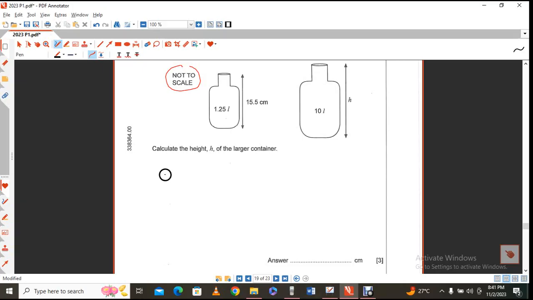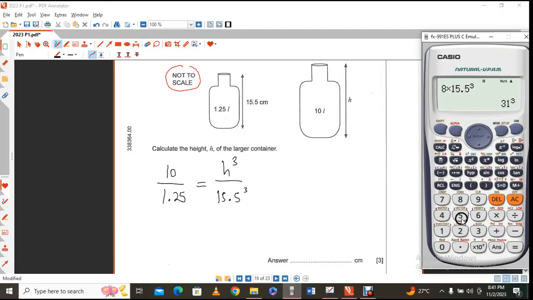If I was to compare the big one, which is 10, and the small one, 1.25, and I take the capacity, it equals h cubed over 15.5 cubed. 10 divided by 1.25 is nothing but 8. So you say 10 divided by 1.25, you get 8. Can you see that?